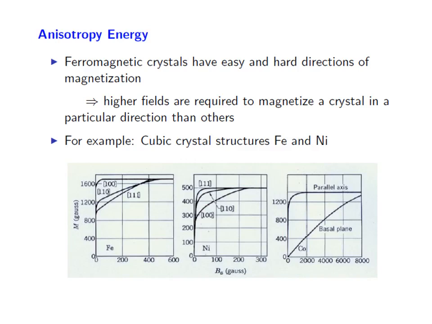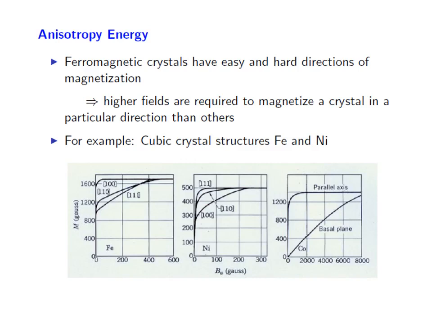The structure of cobalt is hexagonal. I have explained the hexagonal structure in the previous lectures. Along the C-axis we can magnetize cobalt easily. So the easy direction of cobalt is the C-axis, and the hard direction is along the basal plane of the hexagonal lattice.